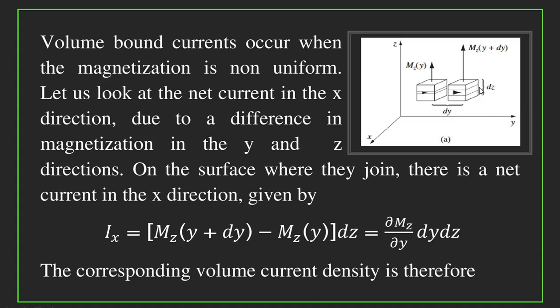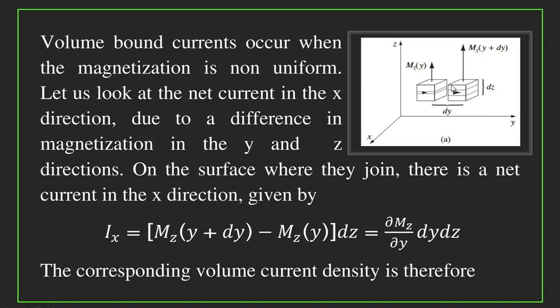It is the surface current passing towards the positive x direction, because at this junction the current is passing towards the positive x direction. The current is circulating in this fashion. At the edge where these two dipoles meet, the current due to Mz of y plus dy is along the positive x direction.